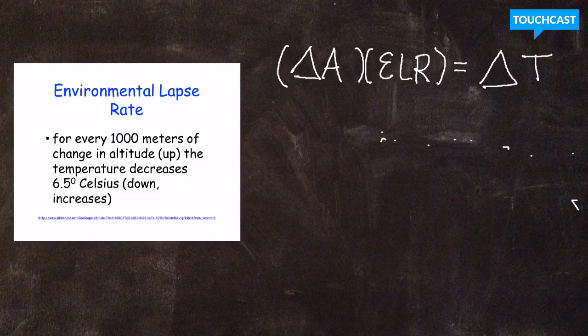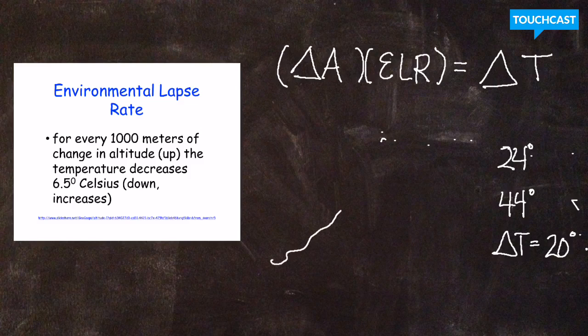The change in temperature would be like this morning, it was 24 degrees, and then when we leave school today, it's going to be 44 degrees. So then the change in temperature would be 20 degrees. Now the same thing happens when you go up a mountain, except the temperature decreases.